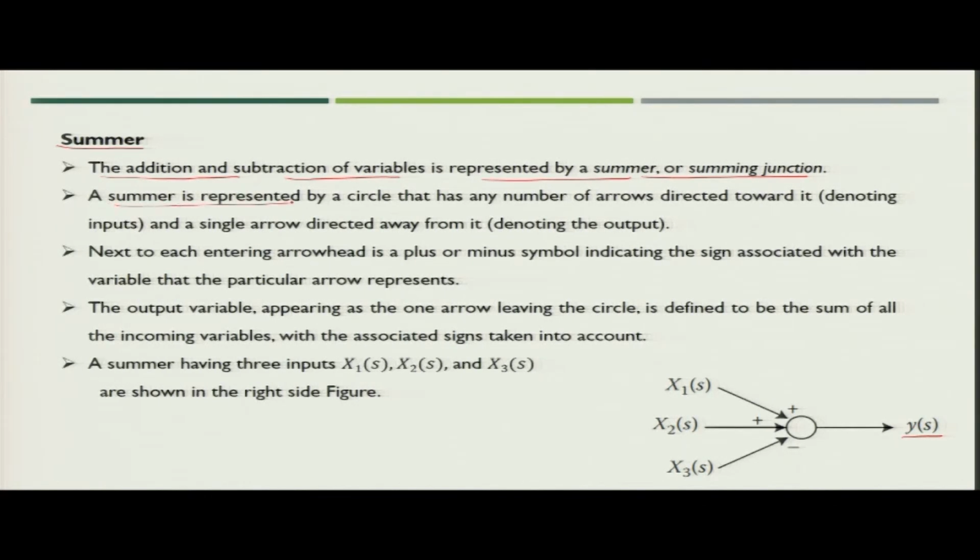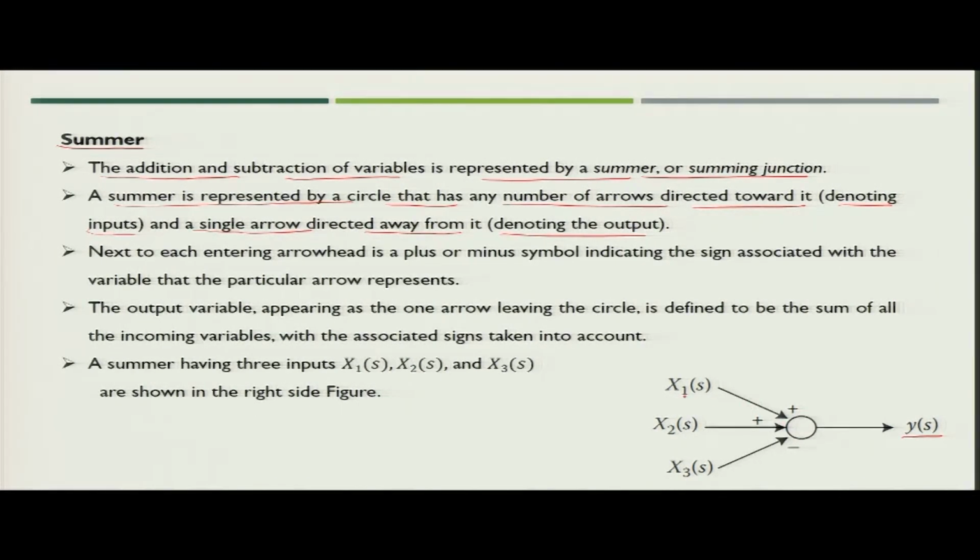So, the summer is represented by a circle. If you see this figure, it is represented by a circle and a number of arrows directed towards it, which are nothing but the inputs for the summer, and one single arrow which is nothing but the output of the summer.